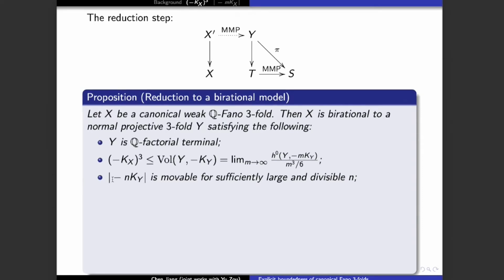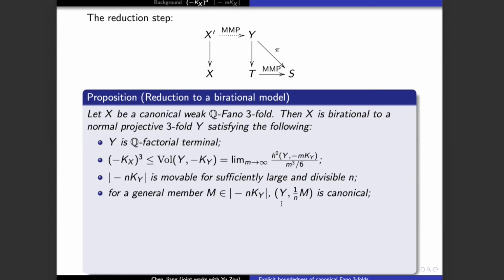We know that |-nK_Y| is a movable system for some sufficiently divisible n. And also we know that for a general member M in this system, the pair (Y, (1/n)M) is canonical. So this is like a canonical Calabi-Yau pair. That means Y is not far from being Fano, although of course it's not Fano itself.